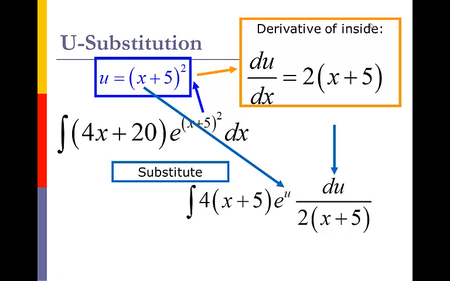And so I'm going to rearrange this expression so that I get du over the 2x plus 5 equal to dx. So that means I can take this dx and replace it with the du over the 2x plus 5. So we're doing substitution, getting rid of all that complicated power part.